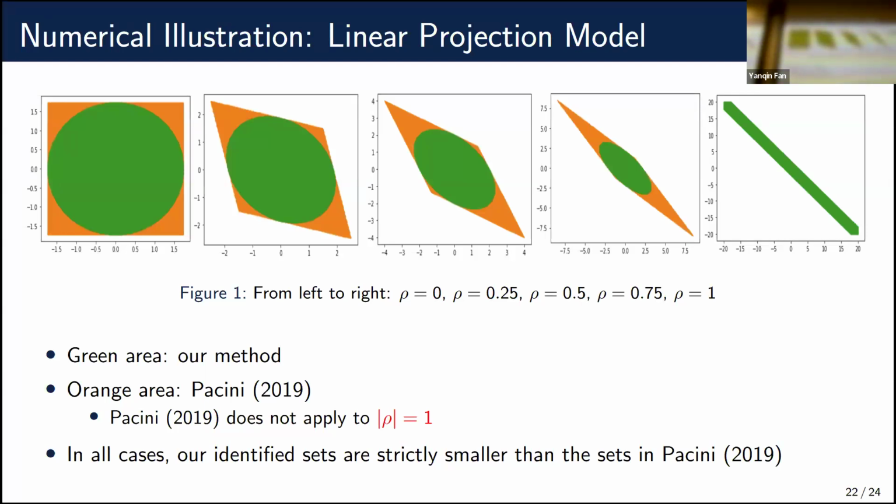Okay, but we make use of the entire distribution of y y0. So then you see the green one is the identified set, and the orange one is the outer set derived in existing work. And as rho changes, you see the identified set change, but the identified set, of course, is always contained in the outer set.